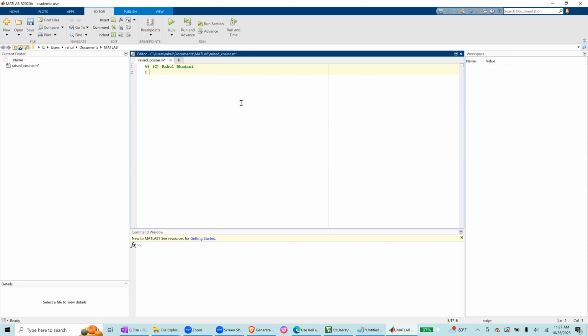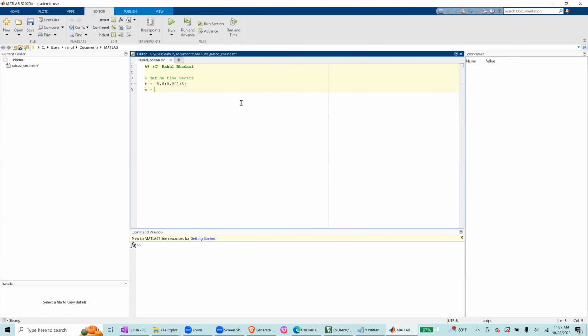First we define the time vector. So let's say t equal to minus 5 start, and each of the time points is separated by 0.001.